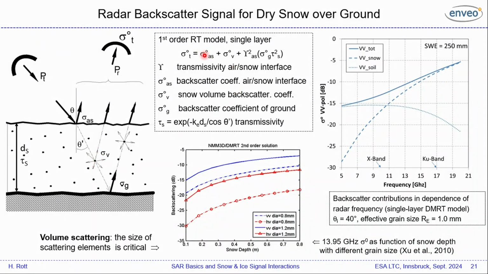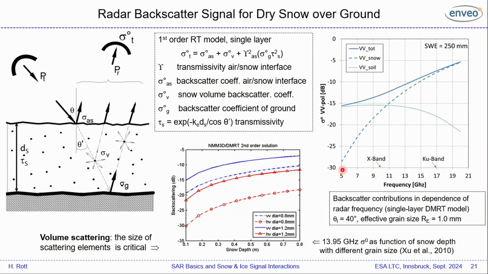So this is a sum of these contributions: air-snow surface, very little; snow volume; and the signal scattered back from the ground, attenuated by the transmissivity of the air-snow interface and also by the transmission losses of the snow volume. And this depends highly on radar frequency.